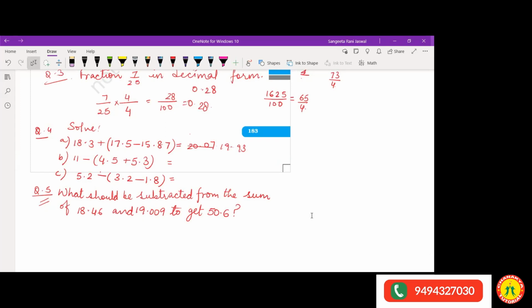So what should be subtracted from this sum? Ma'am, but 50.6 is bigger than 37.469. Okay, so let's change the numbers. Let's make it 38.